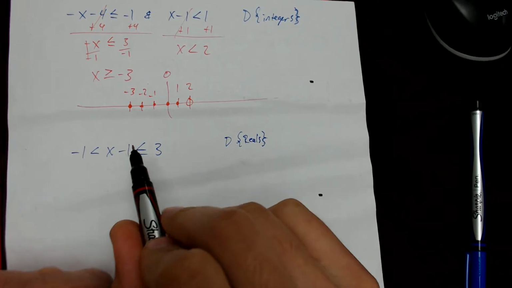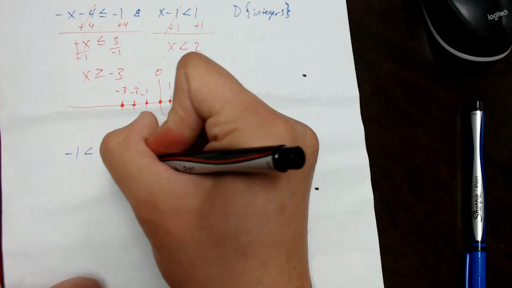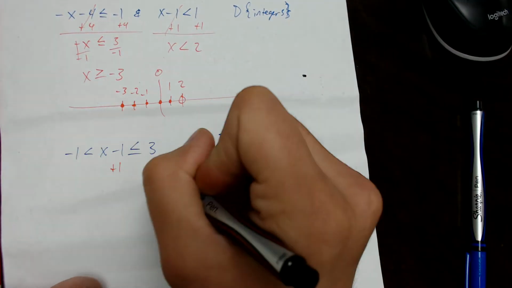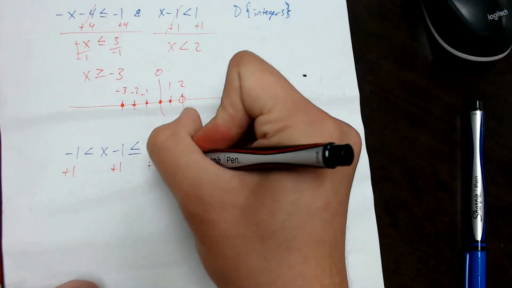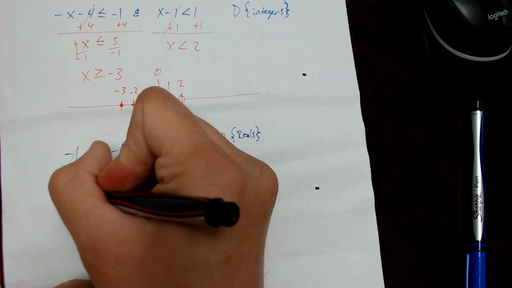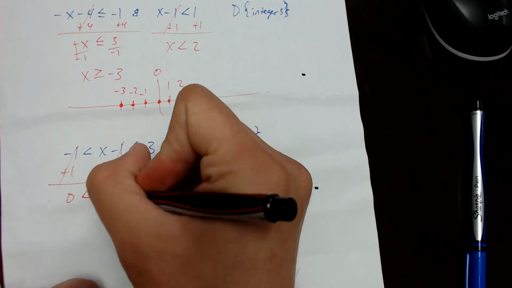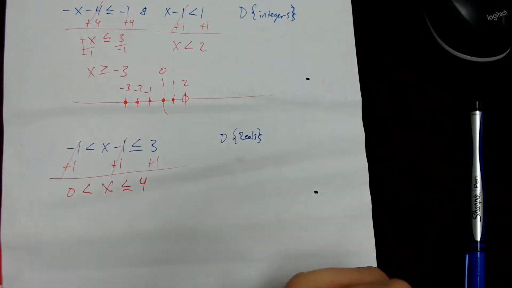Now this one, since it's a conjunction, we see that x is involved in 2 different inequalities. So when I add 1 to x, I have to add 1 to each side of the inequality. So I add 1 here and I add 1 here. These cancel. This becomes 0. So we have 0 is less than x, which is less than and equal to 4.